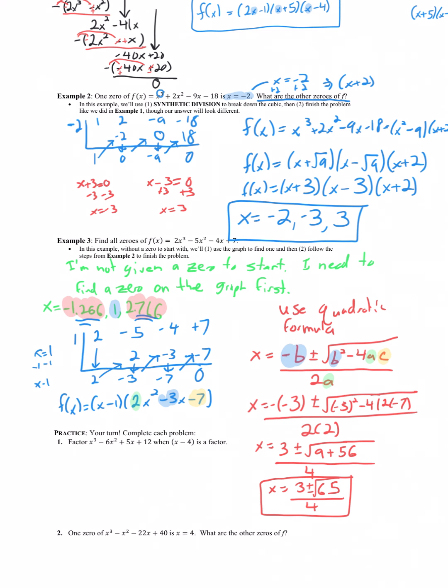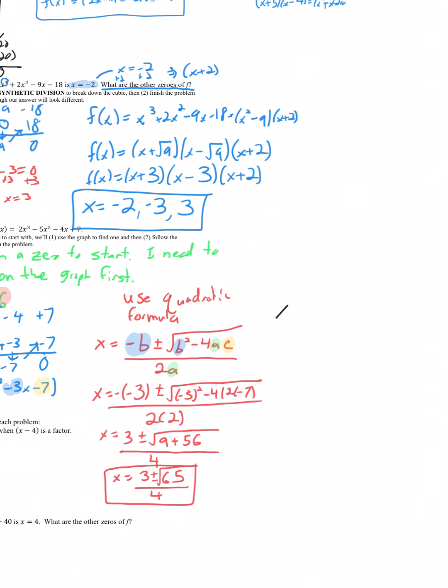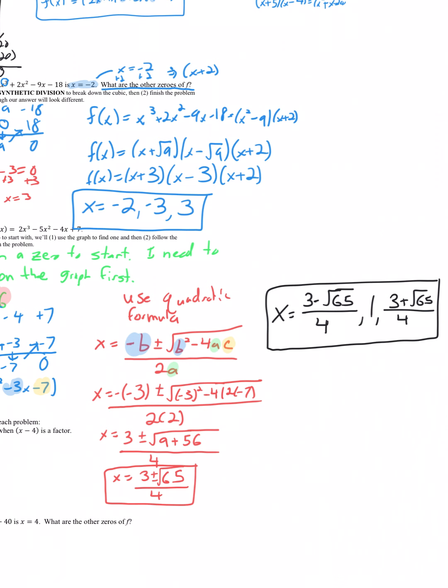So I can verify those on the graph, but I still need to show my work algebraically to find the exact zero. That's the tricky part for these ones. So my 3 zeros end up being 3 minus square root of 65 over 4, 1, and 3 plus square root of 65 over 4. Those would be the exact zeros.